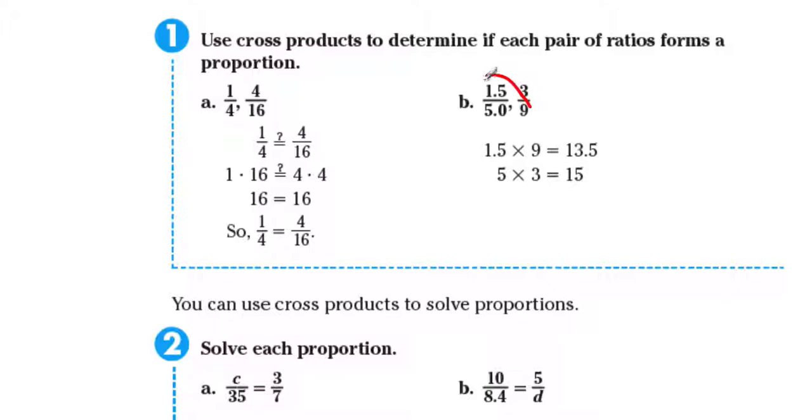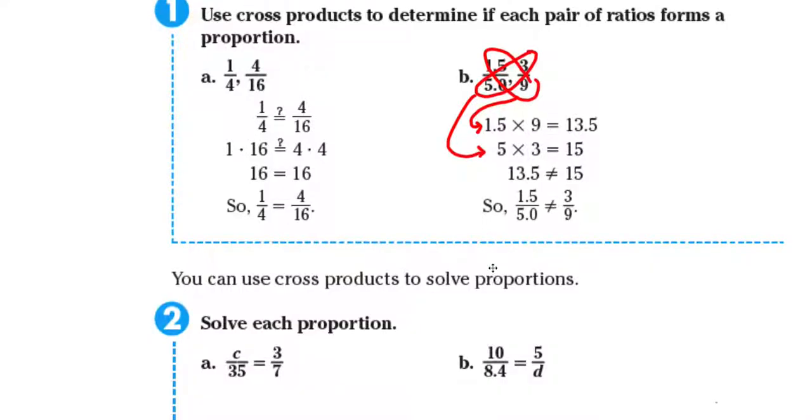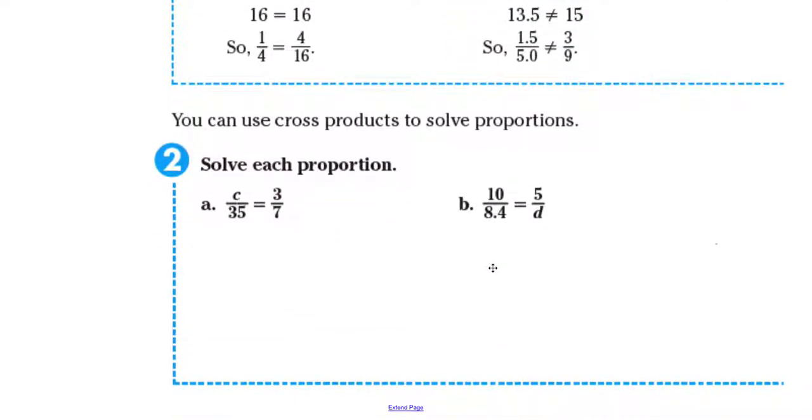Now if you notice, the cross products are not equal. Therefore 1.5 over 5 is not equal to 3/9.